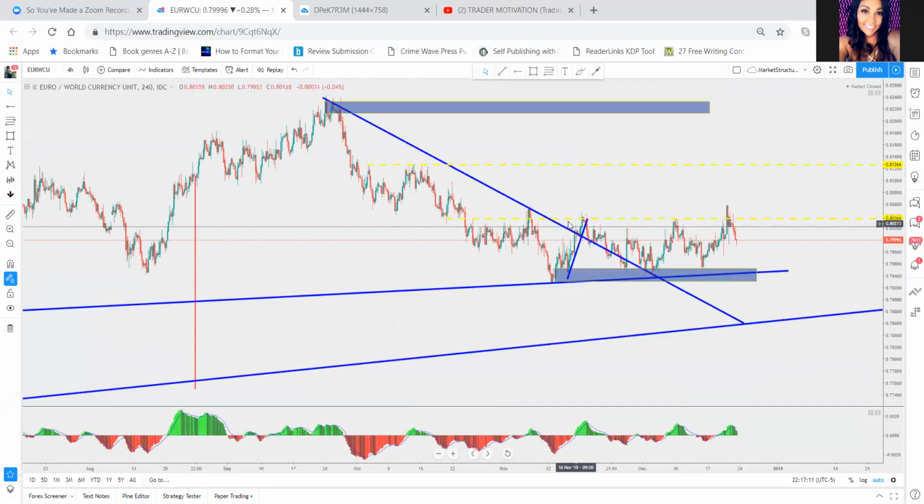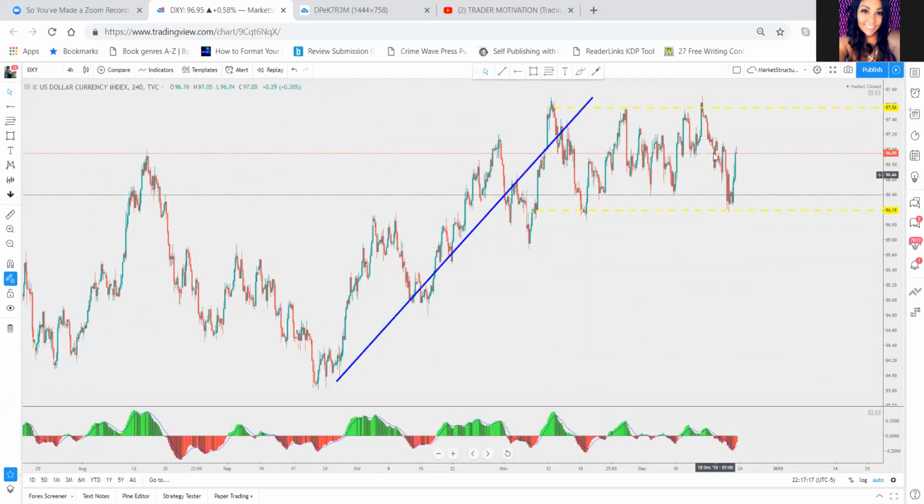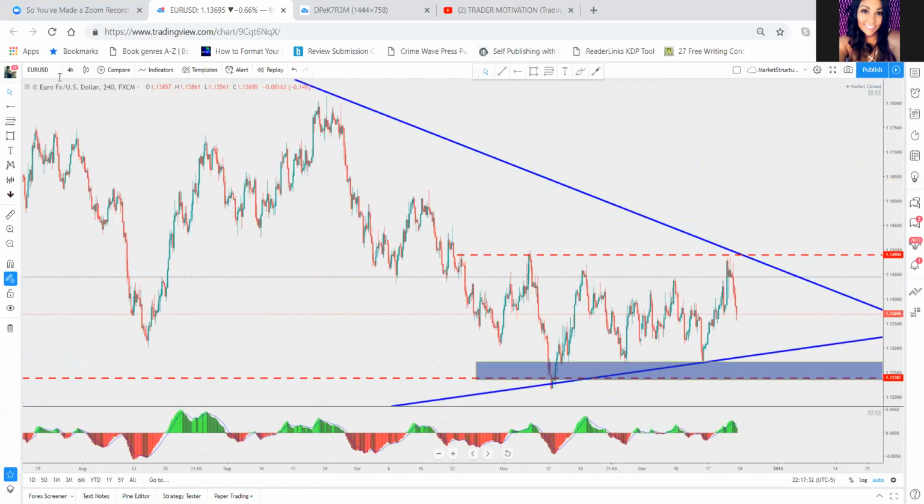So since euro has been consolidating, and then the dollar has been consolidating, you've had a lot of consolidation. So until one of these does something aggressive, or one goes up and the other one goes down, you can continue to have that consolidation on this pair. That makes sense?